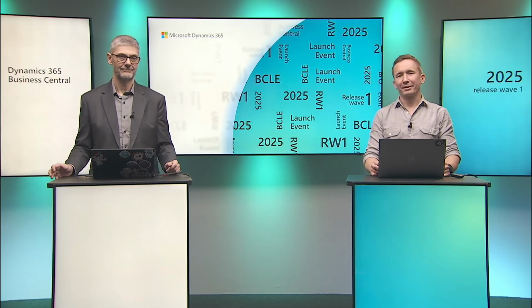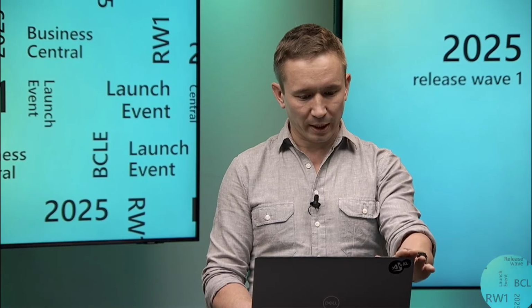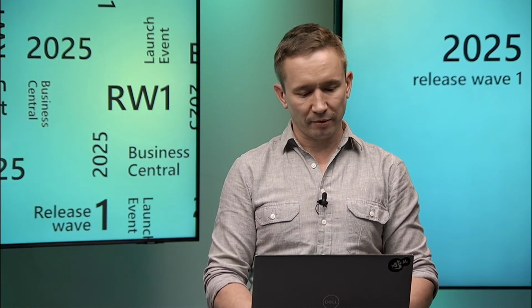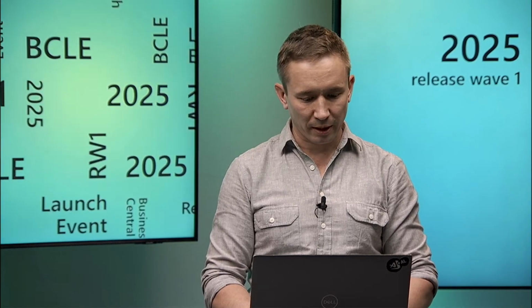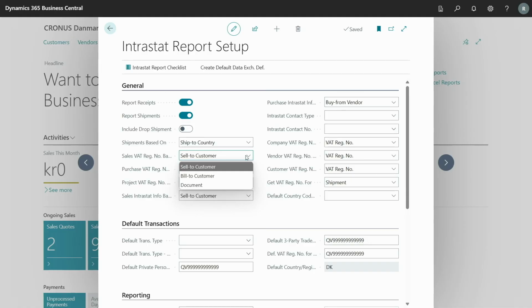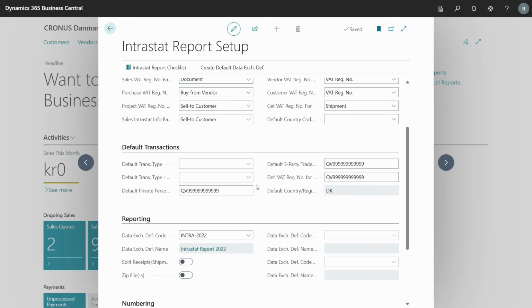Thank you, Alexander. We previously had 2 options to choose from for where to pick the VAT number for our Intrastat reporting, and it was either the sell-to or bill-to customer used on the document. In order to support alternative VAT numbers, we also added a document option, so the VAT number will be picked directly from the posted document.